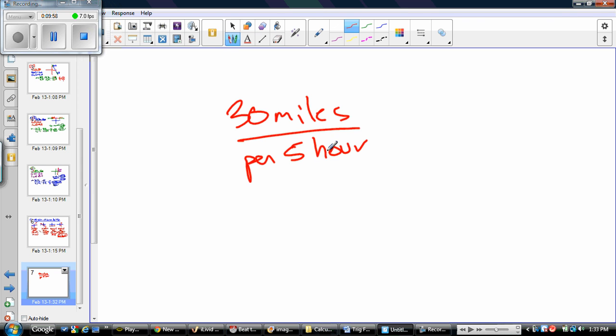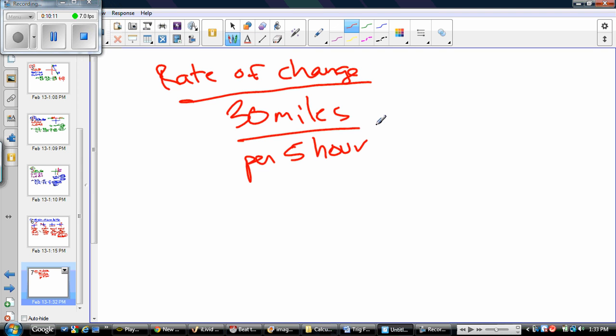So there's a quantity divided by a quantity. We don't write the per in there. The fraction is understood to be there. So again, we're comparing rate of change. And so now what we're going to do is we would reduce that to 6 miles per 1 hour.